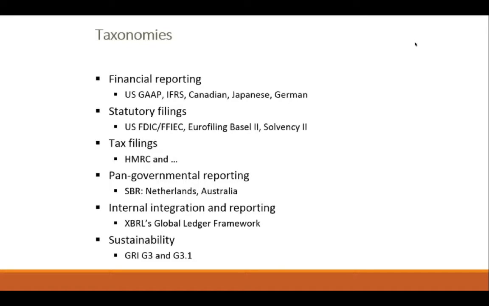Okay, so the existing XBRL taxonomies available for now include the taxonomies for financial reporting and taxonomies for statutory filings, and also they have separate taxonomies for tax filings, governmental reporting, internal reporting, and sustainability reporting. So for all different purposes, they have different XBRL taxonomies.